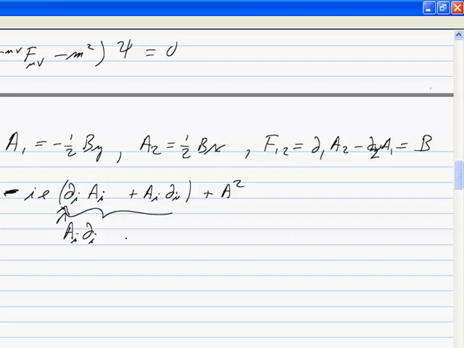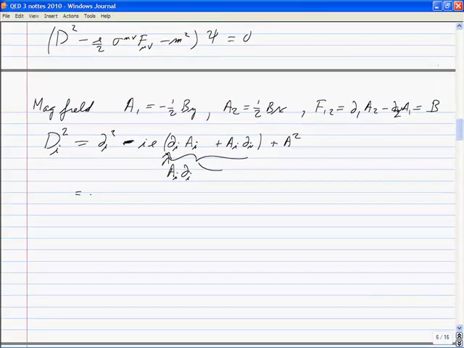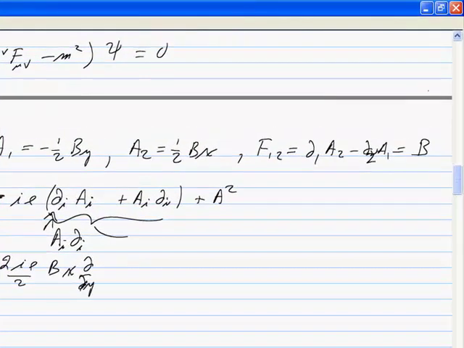But if you plug in here, you get d i squared minus 2 i e over 2 B times x d by dy minus y d by dx.